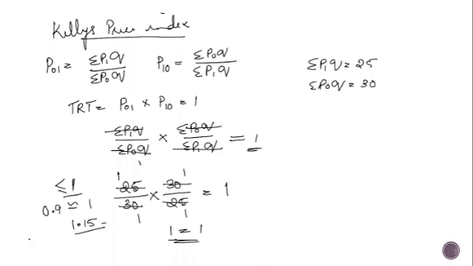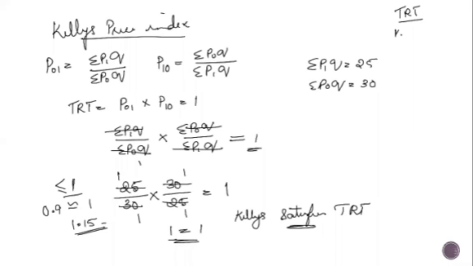If it is 1.15, it is greater than 1, so it does not satisfy. Okay, so here it is equal to 1. So again, Kelly's method satisfies TRT.